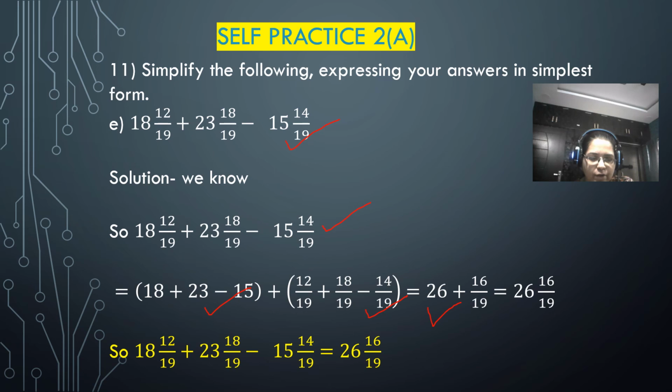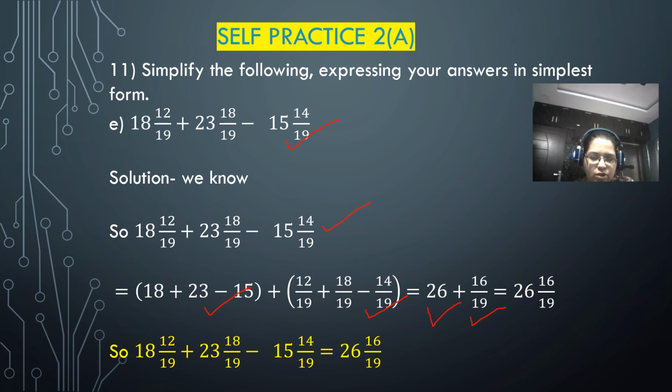And 12 divided by 19 plus 18 divided by 19 minus 14 divided by 19, these are like fractions. When we add like fractions, just add the numerators and write down the denominator as usual. So here 12 plus 18 minus 14 divided by 19. 12 plus 18 is 30. 30 minus 14 is 16. 16 divided by the denominator 19.